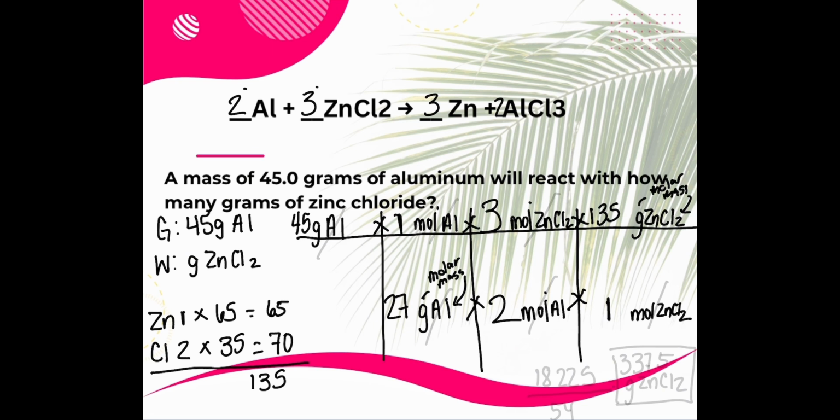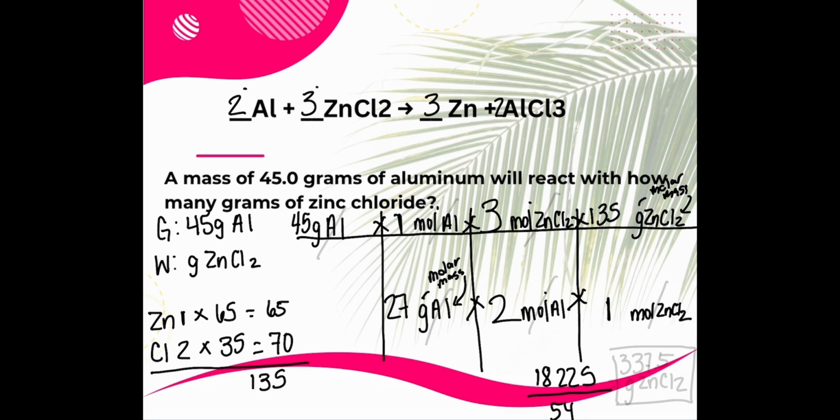So I'm going to multiply 45 times 1 times 3 times 135, which gives me 18,225. All right. And then I'm going to multiply 27 times 2 times 1, and I get 54.